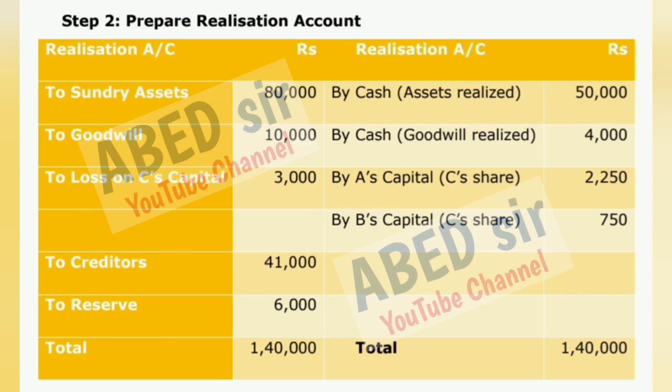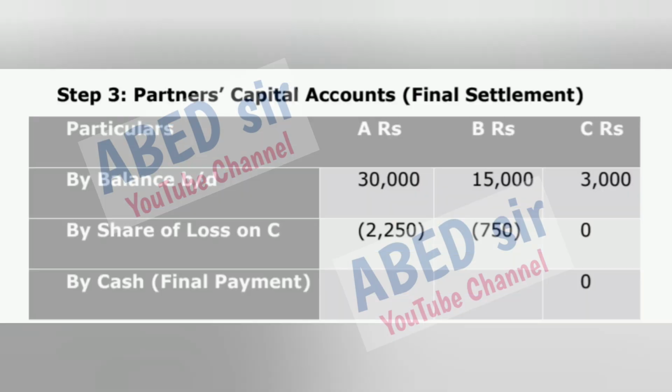By B's capital, C's share 750. To creditors 41,000. To reserve 6,000. Total 1,40,000. Total 1,40,000. Step 3. Partners' capital accounts, final settlement.